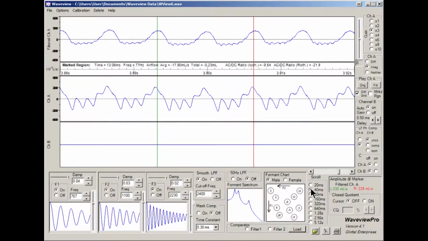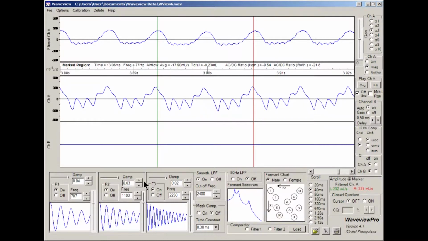You notice what's happened is that in this vowel, the second formant is a little higher than in the other. So the second formant energy is not removed. First formant energy is about the same.